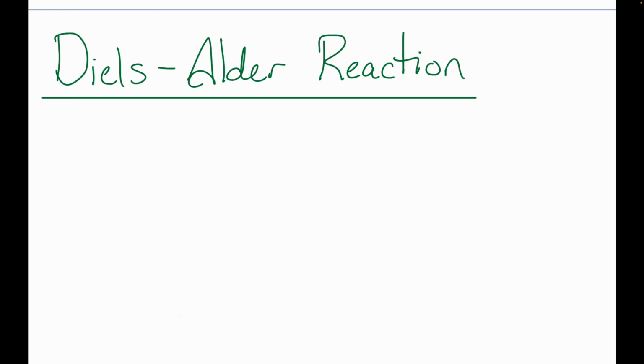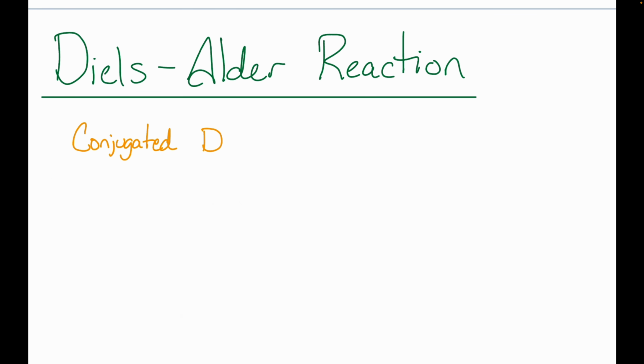Before we actually look at the reaction, for the rest of the chapter we're now exclusively focused on conjugated dienes, right? Those are the interesting ones here. So conjugated dienes are what are involved in our Diels-Alder reactions. We need to first talk about our conjugated diene rotational states, rotational conformations.